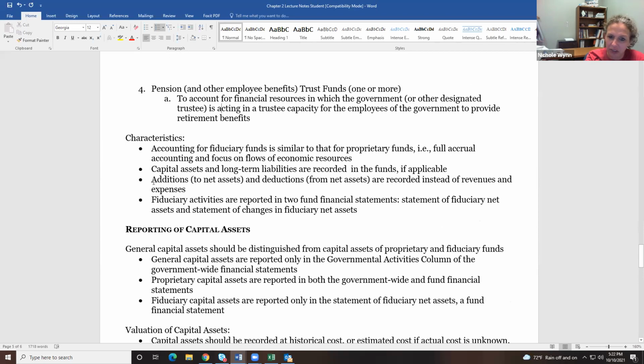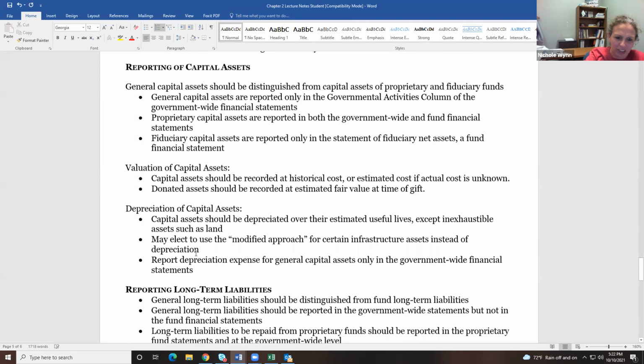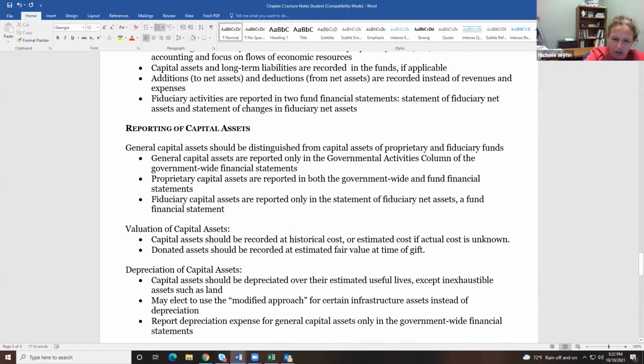So as far as characteristics go, again, they're using full on accrual basis of accounting. They won't have depreciation because they're not really going to have fixed assets. So it'll be interesting because basically it's just going to be a lot of money in, money out, and then earning investment interest. As far as capital assets and long-term liabilities go, we will focus on those in future chapters.